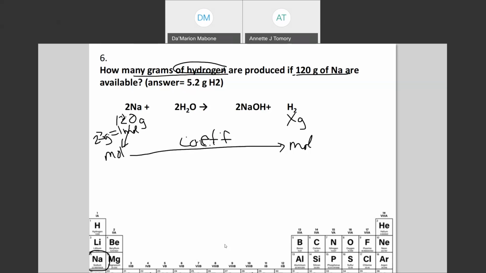All right. Now, when we get to the other side, to hydrogen, they're asking us about grams. So we're going to go from moles to grams here. When we go from moles to grams, we see the letter G, we see the unit grams. What do we need to do in order to solve this one for the conversion factor?